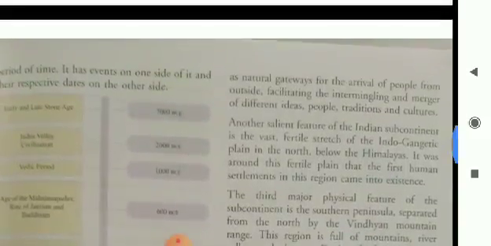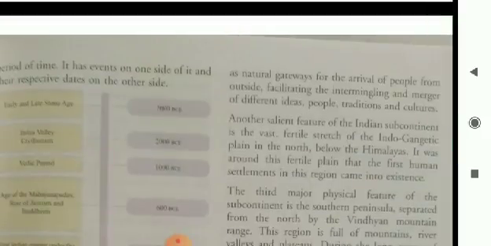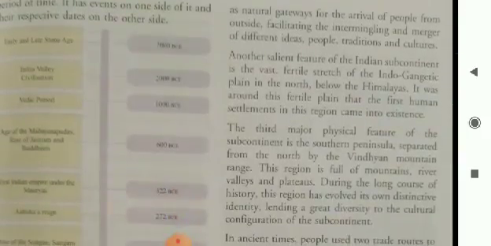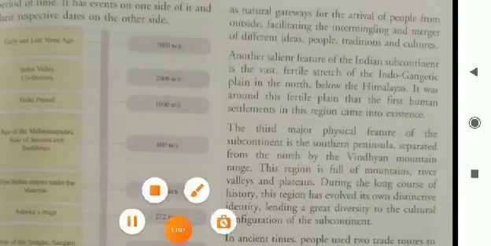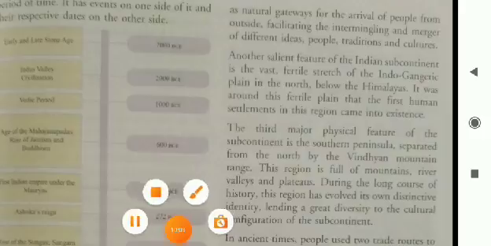At the same time, however, the passes in the mountains have served as natural gateways for the arrival of people from outside, facilitating the intermingling and merger of different ideas, people, traditions, and cultures.